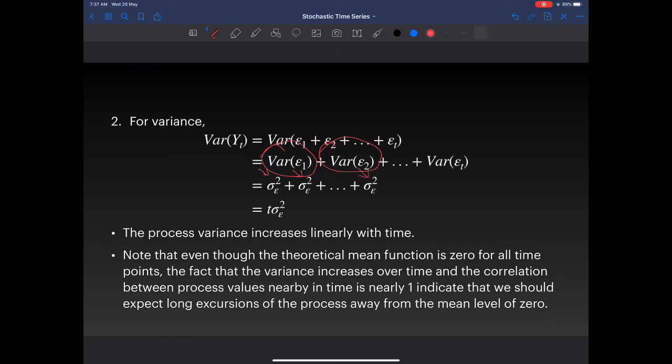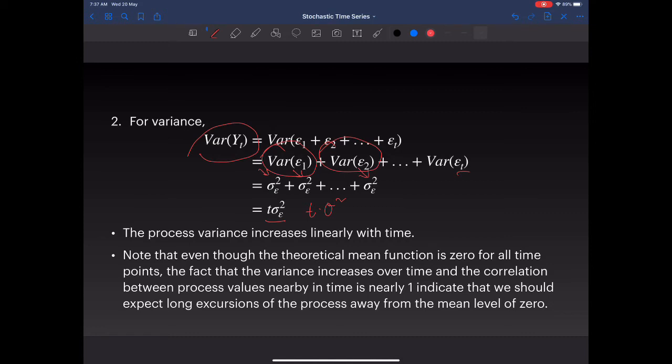So the variance of yt, if our yt is a random walk process, will be t times sigma square, where t is how many steps we measure our yt.